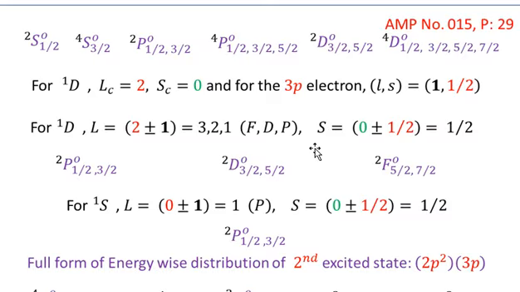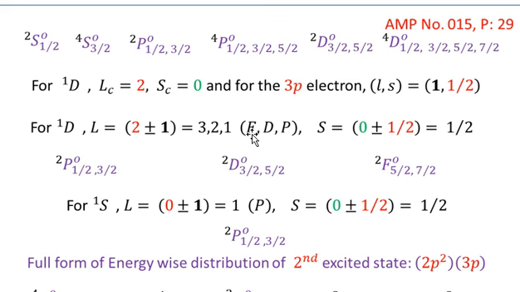So you can also evaluate the total angular momentum J using the value of capital L from this P term, which is capital L equal to 1, and from the multiplicity, capital S equal to half. Then you have 1 plus minus half, which will give you 1 half and 3 half as the values of the total angular momentum J of the atom.